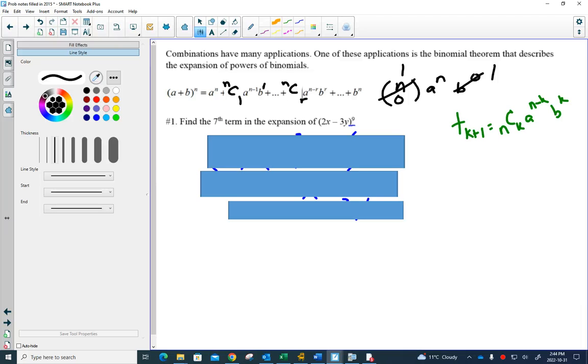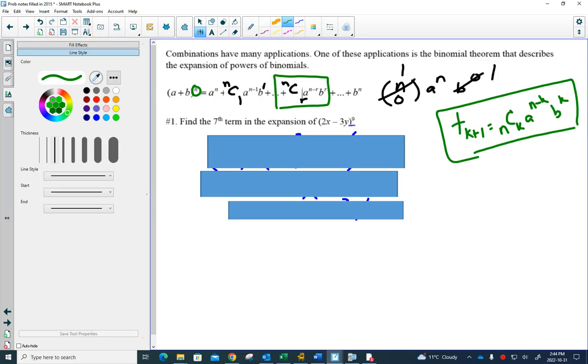But this formula that you had on your formula sheet in grade 12 is right here in the IB formula. Okay? What's nice about the IB formula is it tells you what n is. It shows you that n is the exponent. But it doesn't tell you explicitly the t k plus 1, that this would be term r plus 1.